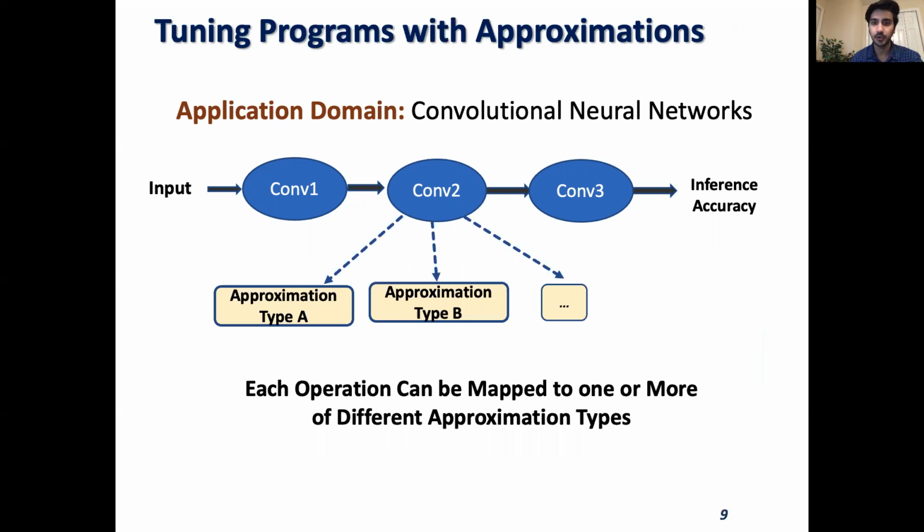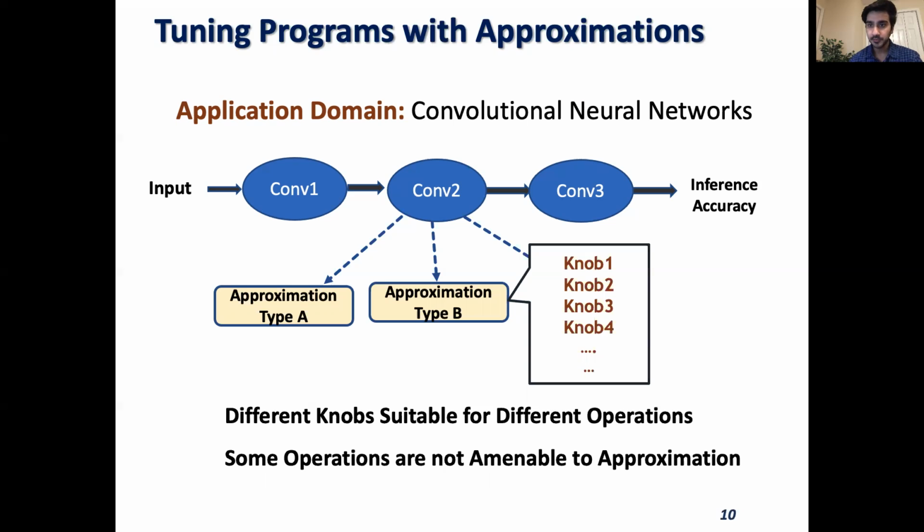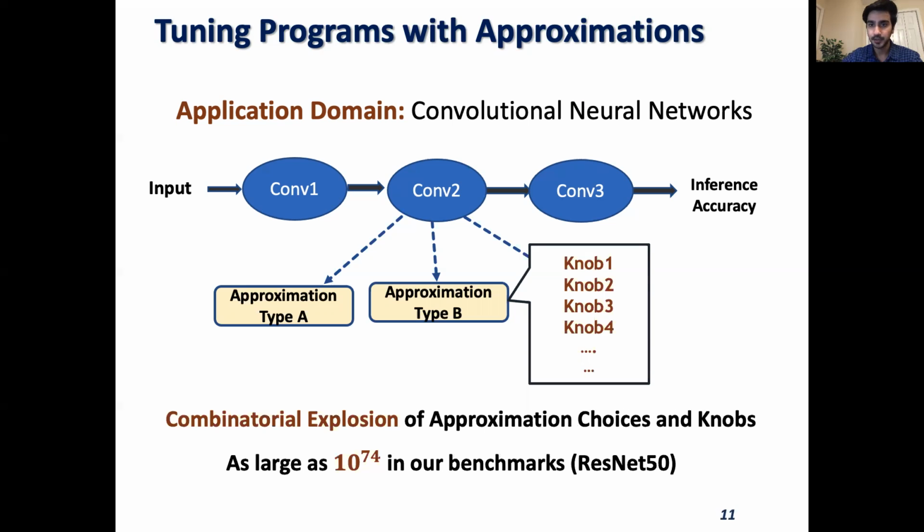Each tensor operation in this convolutional neural network, and more generally different subcomponents in a program, can potentially be mapped to one or more of different kinds of approximations. And for each approximation choice, there are usually multiple knob settings that impact both performance and accuracy. Because of this, tuning approximations for an application on a per operation basis creates a combinatorial explosion of approximation choices and knob settings as large as 10 to the power 74 in our benchmarks.